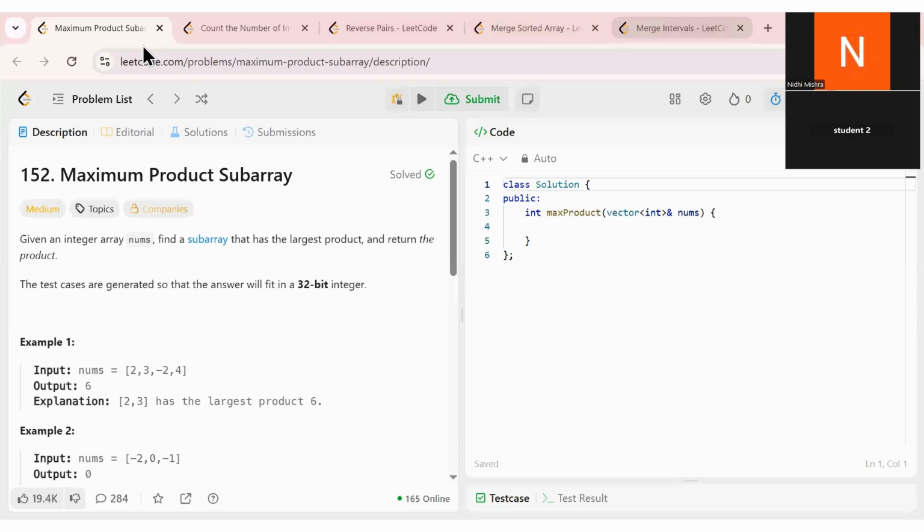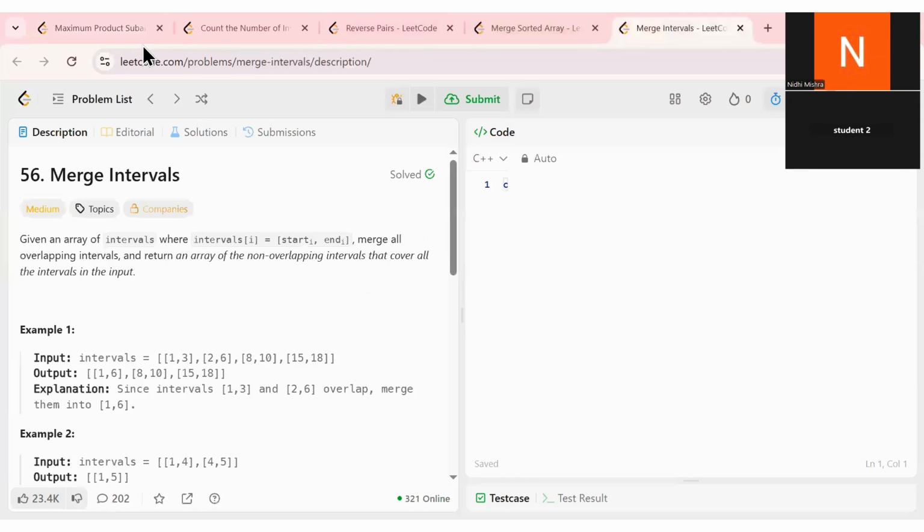So the question that I'm going to start with is merge intervals. Can you explain this question? Okay, so the question is stating that we are given an array of intervals with its starting and ending values.